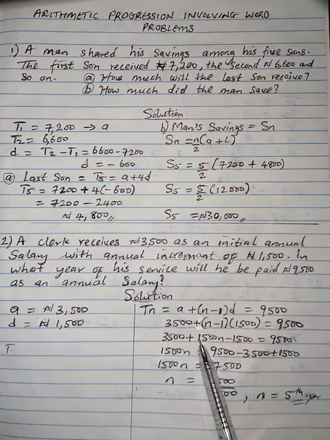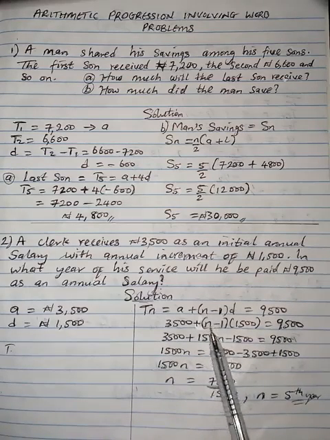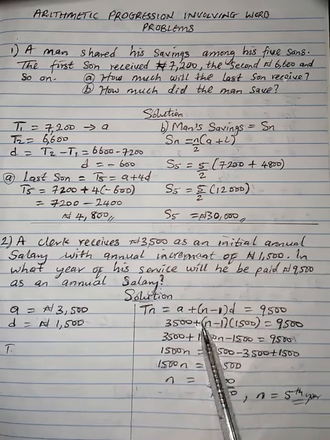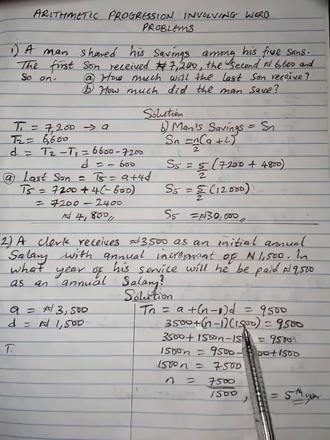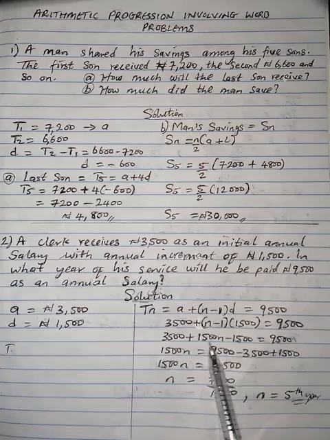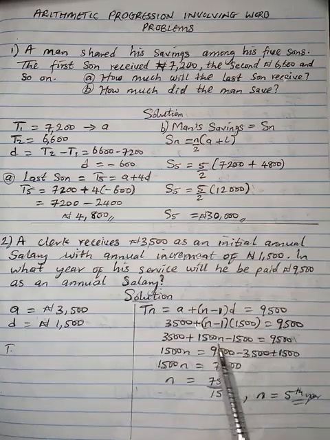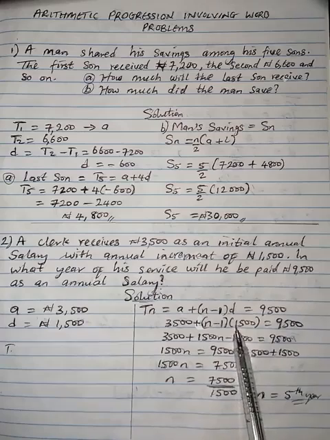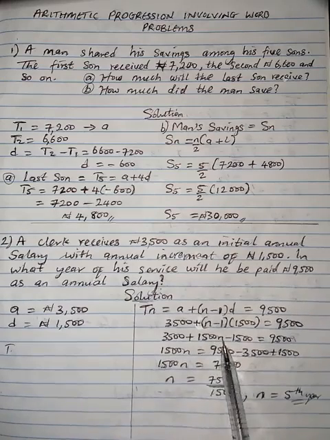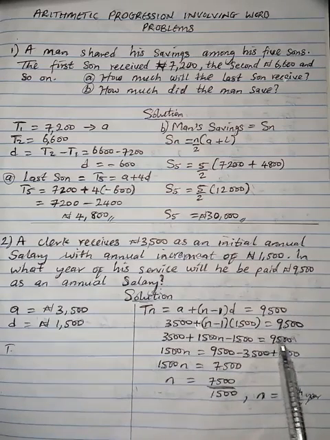Now 3,500 plus 1,500, I open the bracket following BODMAS. This is multiplication. 1,500 times n will give me this. 1,500 times minus 1 will give me minus 1,500. This is 1,500 n. Okay, 1,500 times n is 1,500 n, equals 9,500.